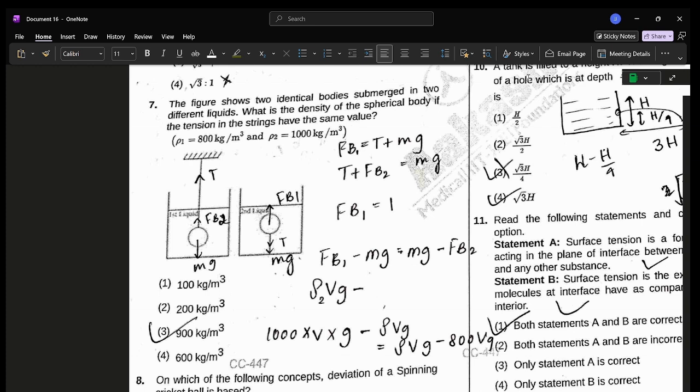In the question for density, volume of body and volume of liquid are not different, they are the same. And let's check it out right now.